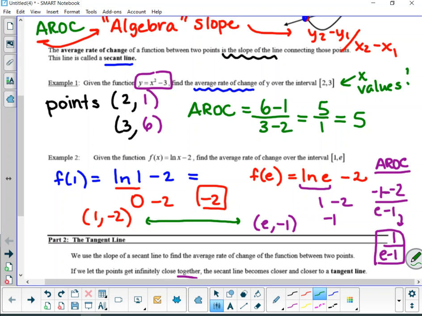If you prefer, if you do negative 2 minus negative 1 over 1 minus e, another potential answer would be negative 1 over 1 minus e. That is equivalent to 1 over e minus 1. Both numerator and denominator are opposite, so these are actually equivalent. Positive 1 over e minus 1, negative 1 over 1 minus e, same numeric value.